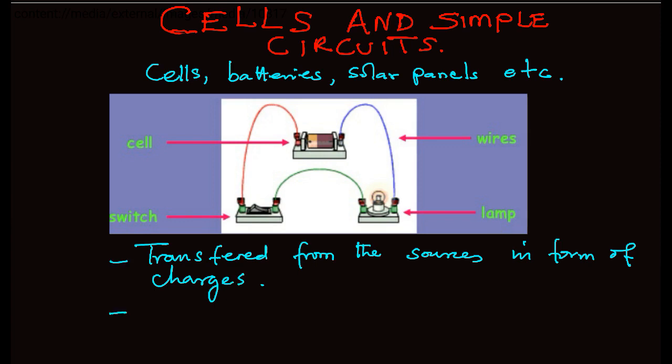Charges follow a path in order to move from the sources. The path followed by charges is what we call a circuit.